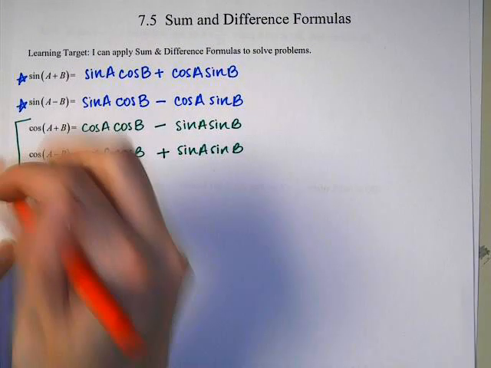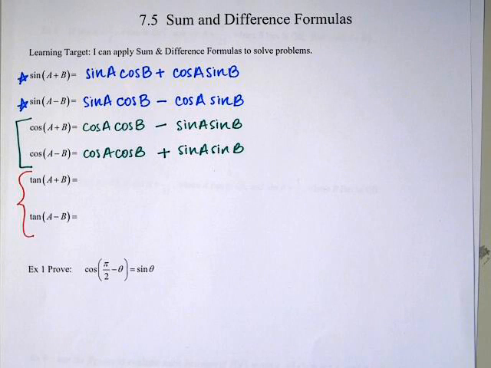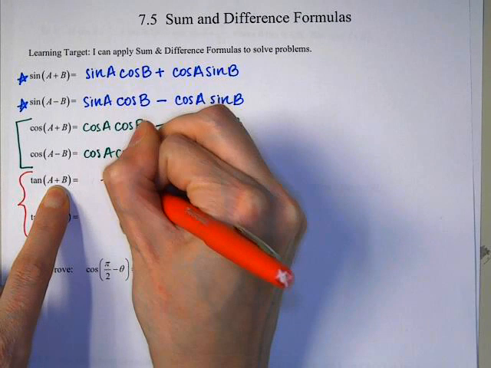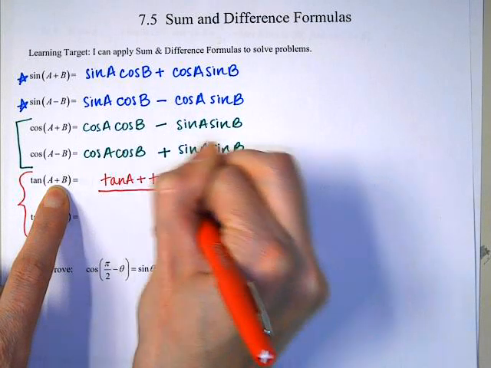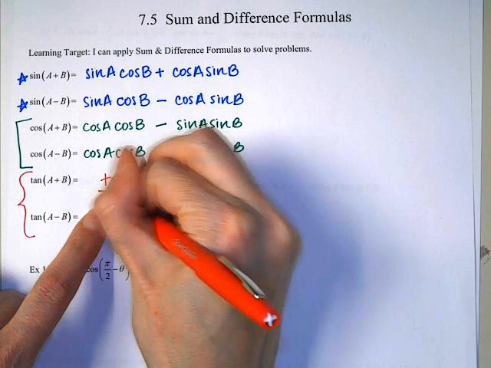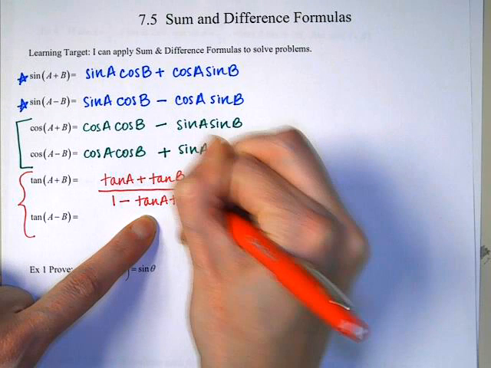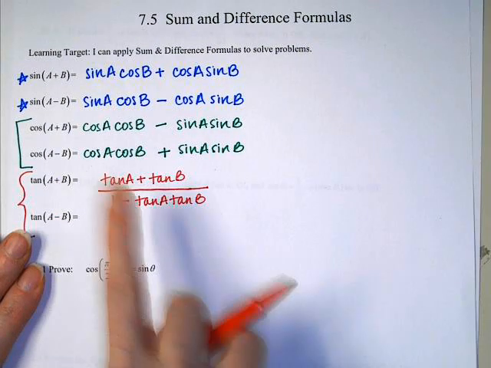And then for tangent, unfortunately, I don't really have an easy way to remember these, but if it's tan plus, it's tan A plus tan B, all over, but then the denominator is opposite: 1 minus tan A times tan B. So on top it's the same, on bottom it's opposite.